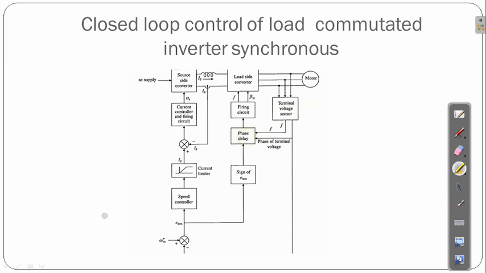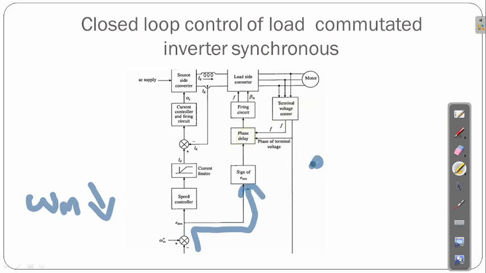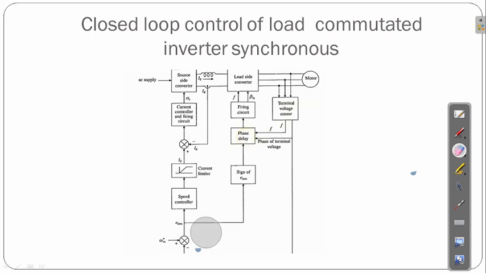If omega m decreases, what will happen? The decreasing current will come over here, and now the sign E omega m will have a negative sign, whereas if omega m increases we had a positive sign.